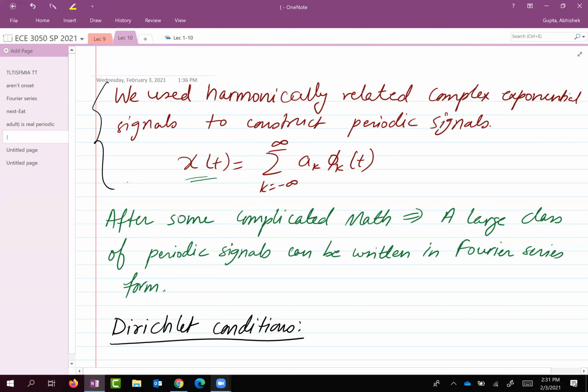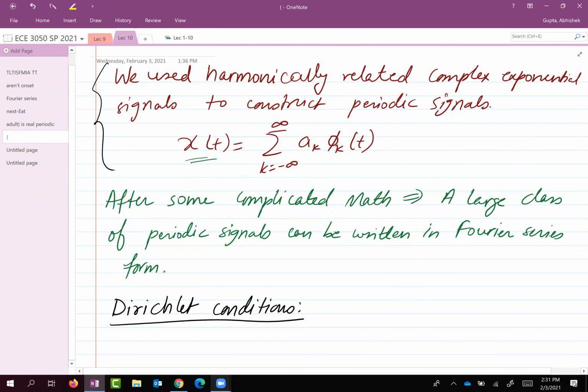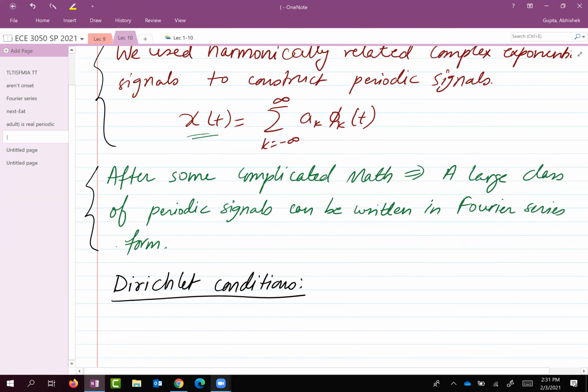You take harmonically related complex exponentials, add them up, amplify them, and you get a periodic signal. That proof is fairly straightforward. What I'm writing here in green is actually the opposite. If I give you a periodic signal, you can write it as a sum of harmonically related complex exponential signals. That result is highly non-trivial.